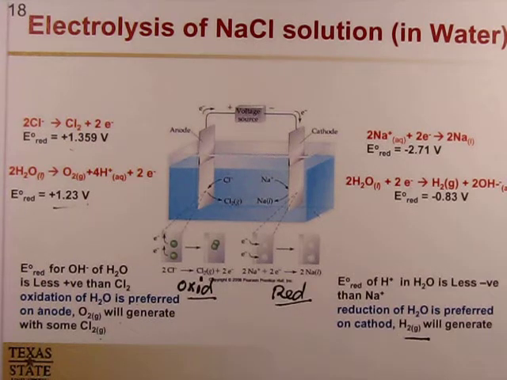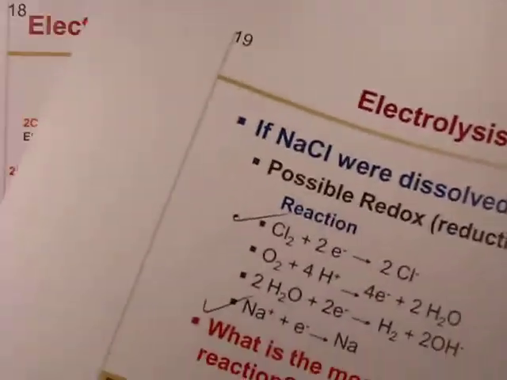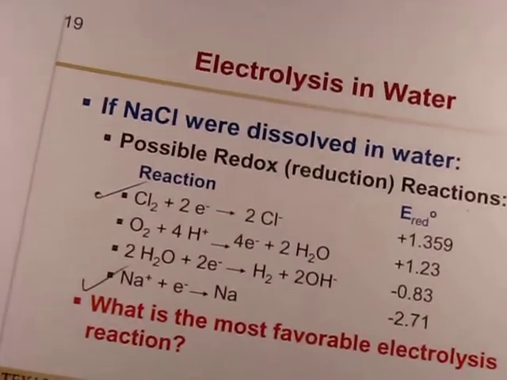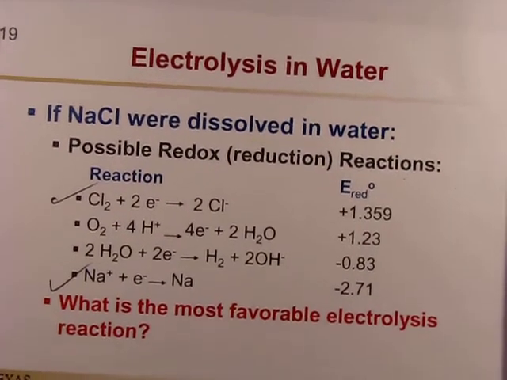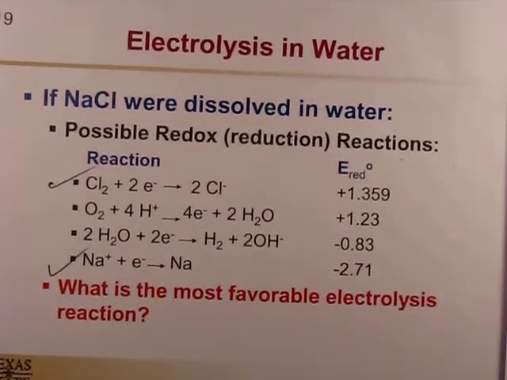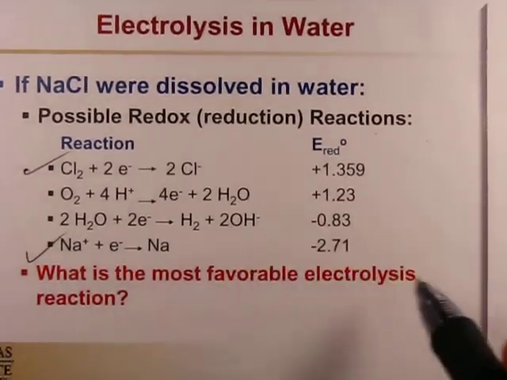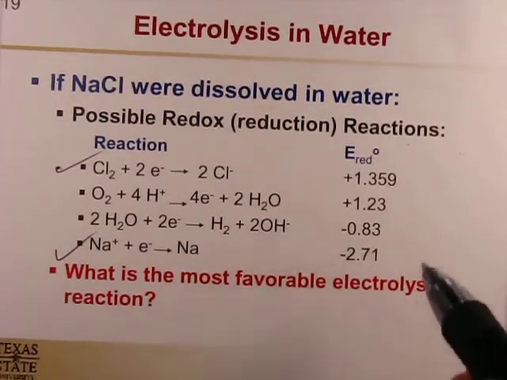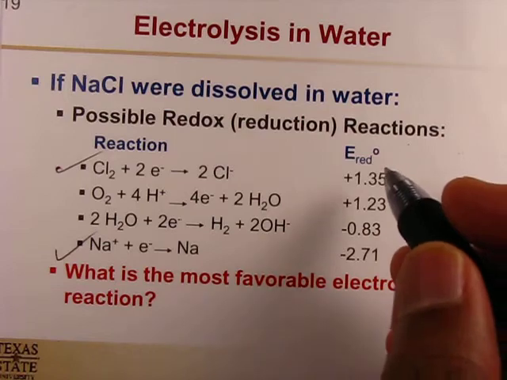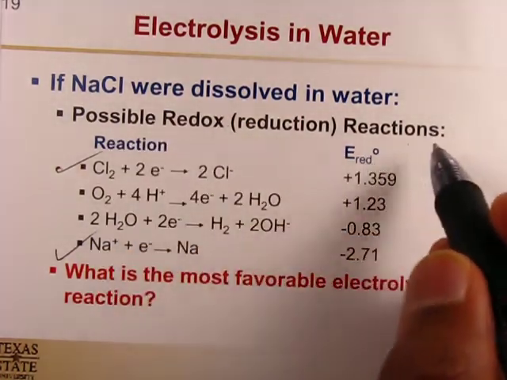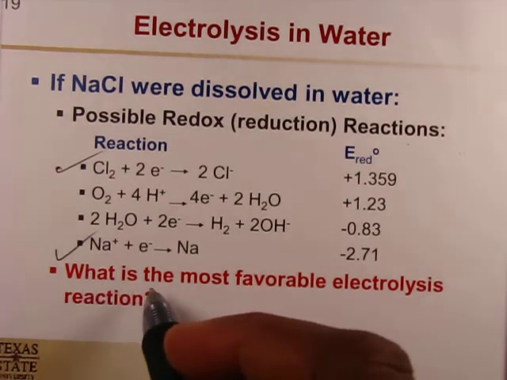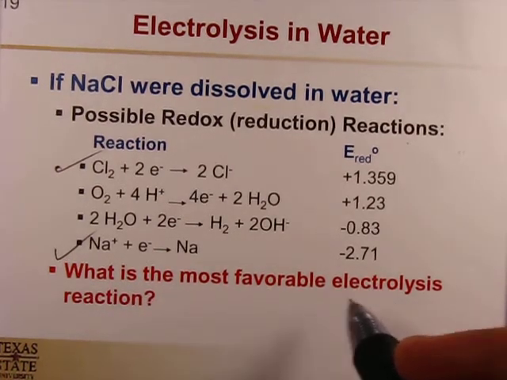You can also compare with this question: for electrolysis in water, if sodium chloride were dissolved in water, look at the reduction potential series for the possible reduction reactions. What is the most favorable electrolysis reaction?